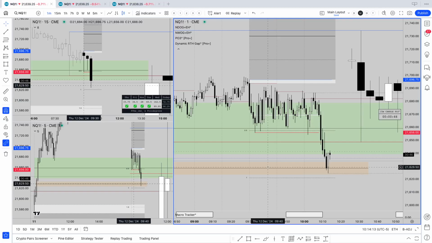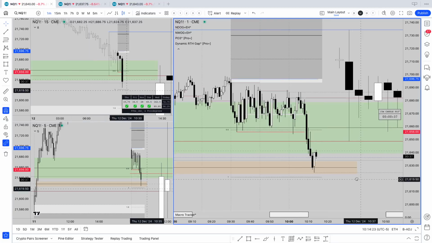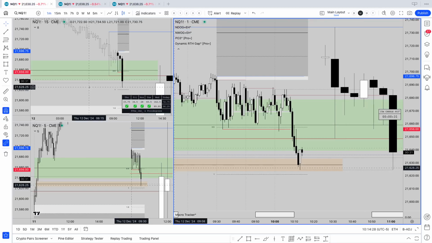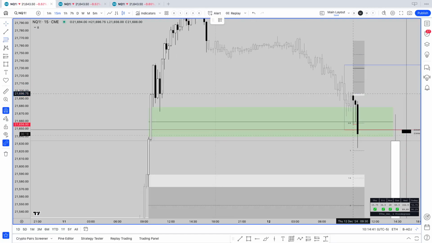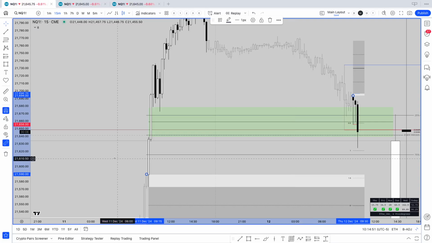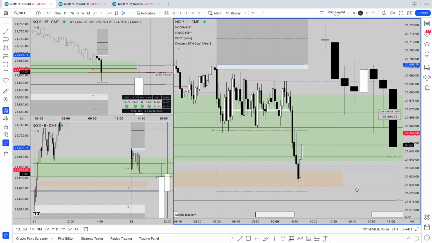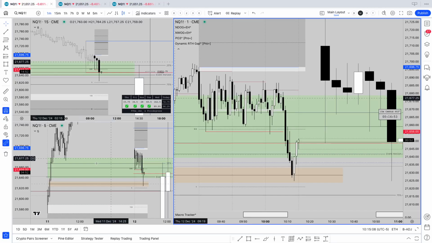Now, beautiful. You see how we are trading below the fair value that I told you between yesterday's regular trading hours gap and today's regular trading hours gap.